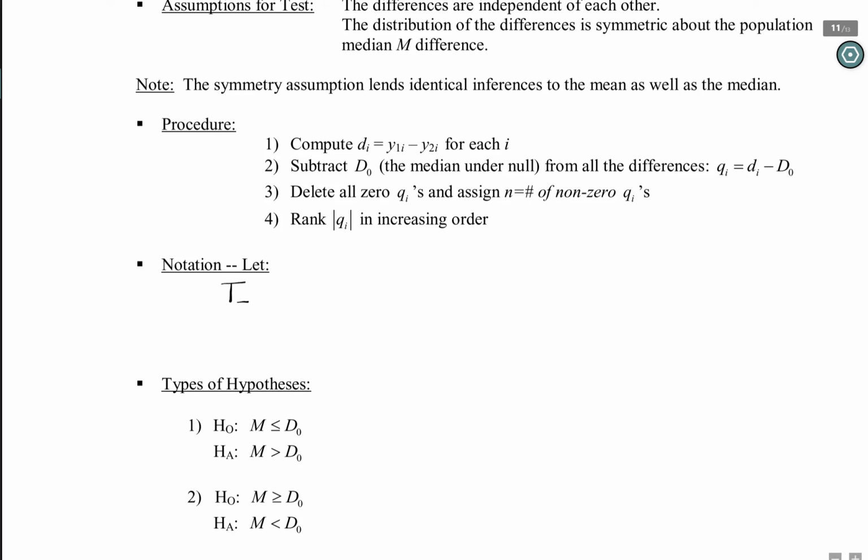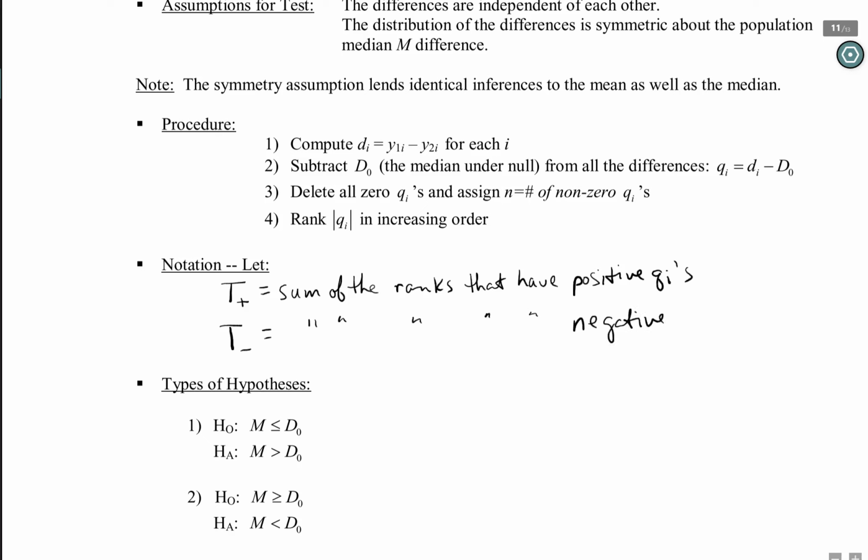Here, this quantity T plus, which is the sum of the ranks that have positive Q's, and then this other quantity T minus, which is the sum of the ranks that have negative Q's.